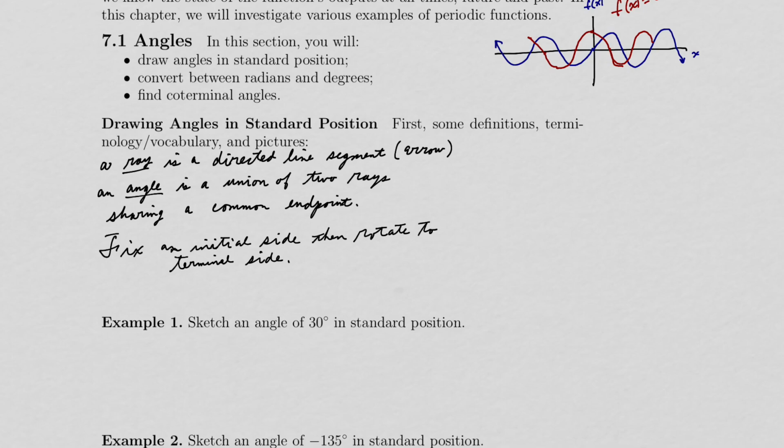And the measure of the angle is basically the measure of the rotation, right? It's the amount of the rotation. So the measure of the angle is the amount of rotation.